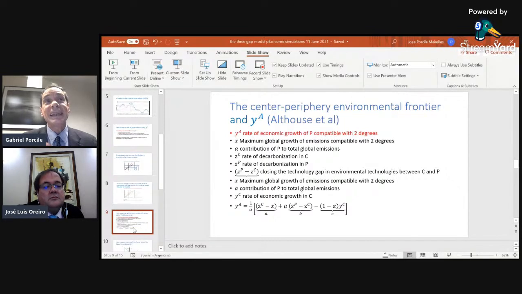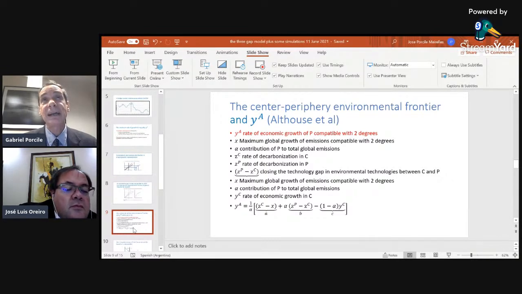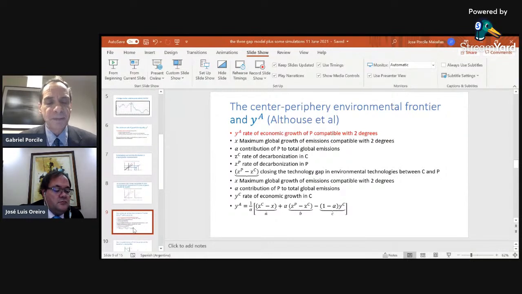For addressing this environmental challenge, with Jeff Althaus and Giulio Guarelli, we worked in a paper published in Ecological Economics to produce what we called the center-periphery environmental frontier, in which we define the maximum rate of growth of the periphery, which is compatible with the commitments that the periphery, and in particular the Latin American countries, assume in the Paris Agreement with the national determined contributions.